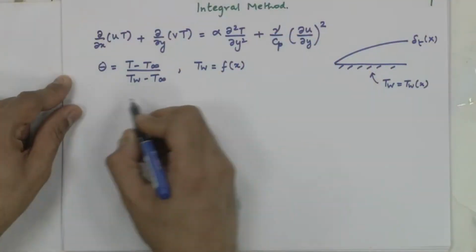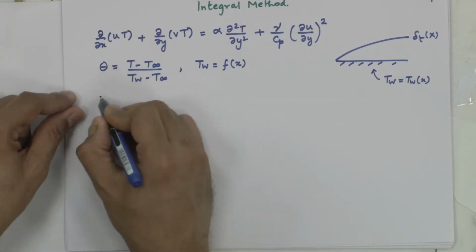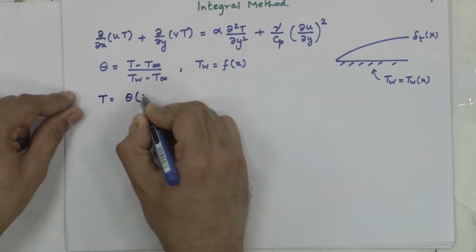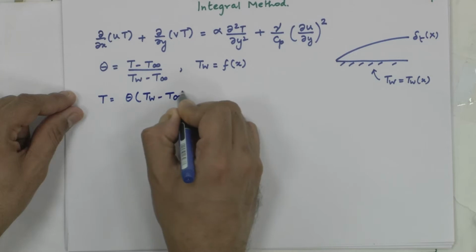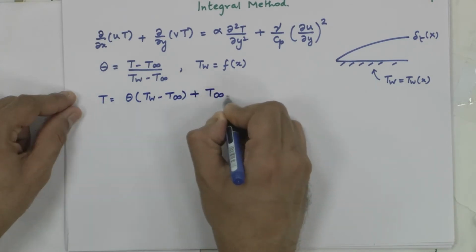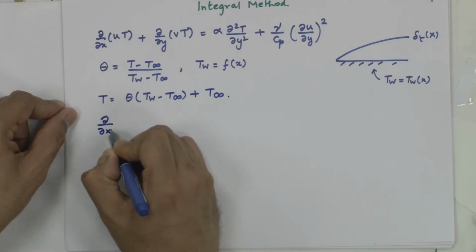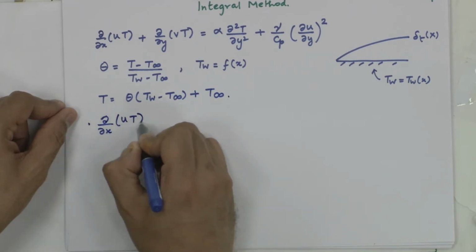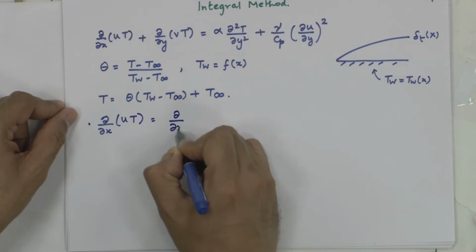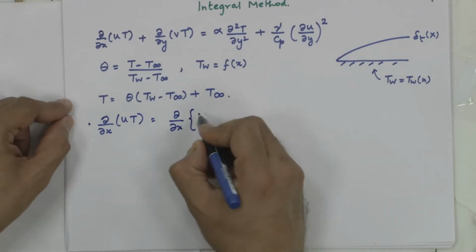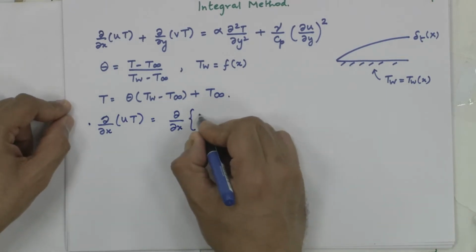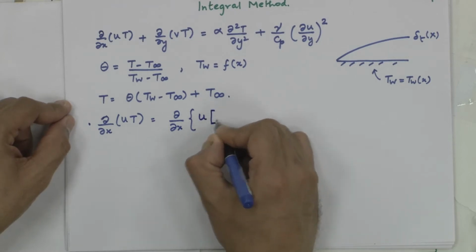Okay. So, if this is the case, we can write this as T is equal to theta times (T wall minus T infinity) plus T infinity. Therefore, d by dx of uT is equal to d by dx of, I am going to do one of the terms in detail, the other terms will be left as an exercise.